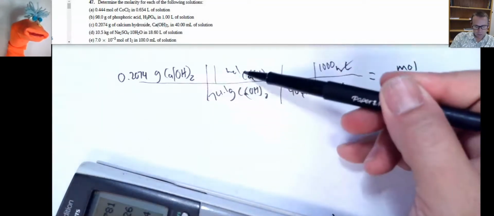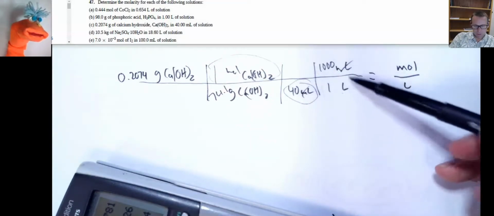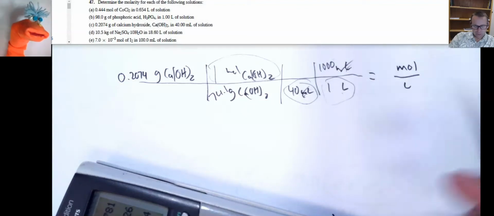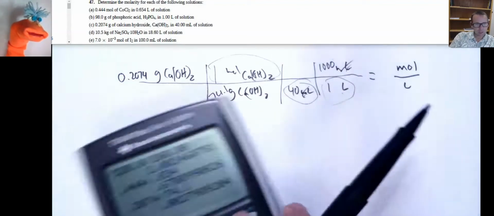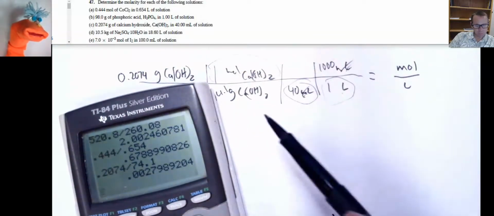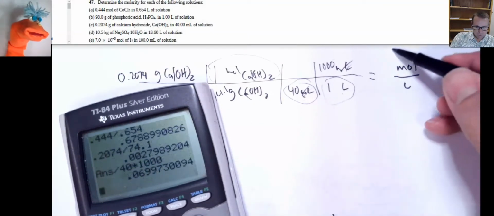Started with grams, converted it to moles, so I got moles on top. Started with milliliters on the bottom, converted it to liters, so now I got liters on the bottom. The milliliters cancel out. All right, so I took the 0.2074, divided by 74.1, divided by 40, and times 1,000.